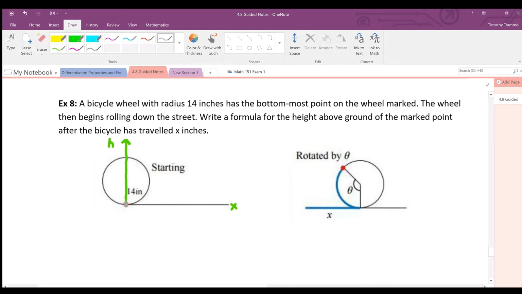Okay, so we expect to maybe have something that might look like this. And the highest it can reach is the top of the wheel, right? And the lowest it can go is the bottom of the wheel. Okay. Gives us something that looks kind of like this.